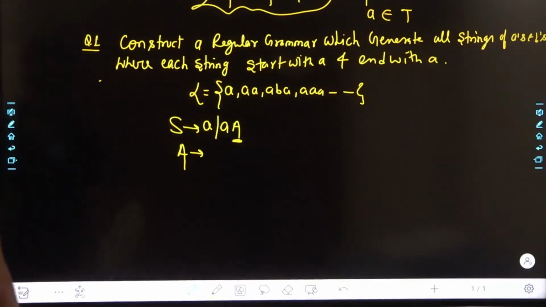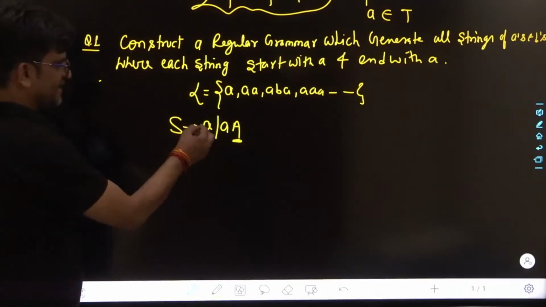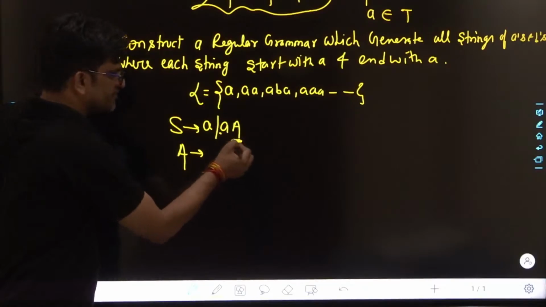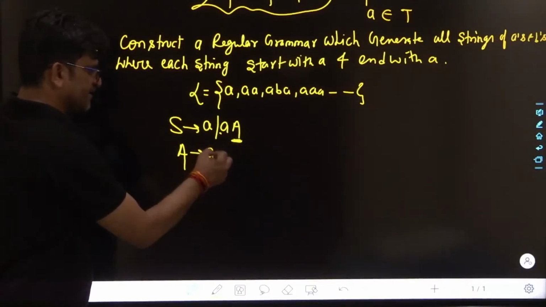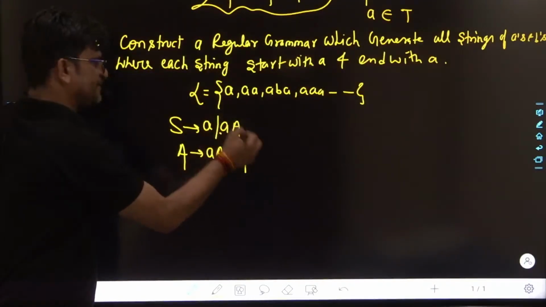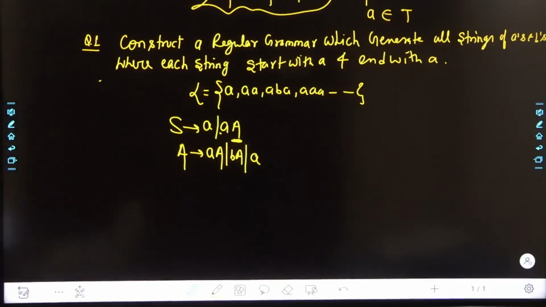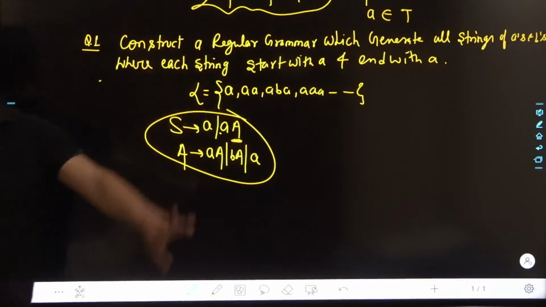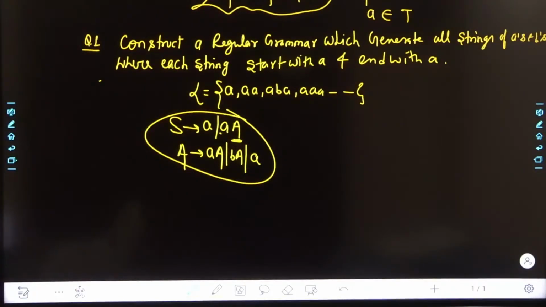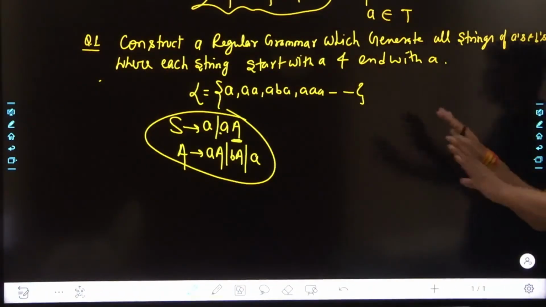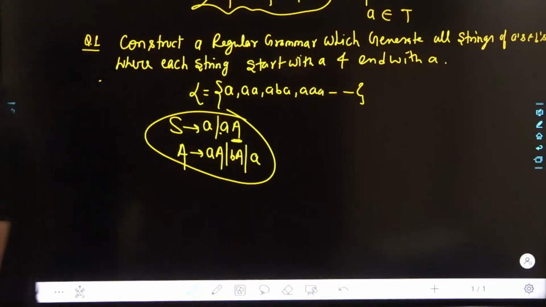Clear? So A determines small a slash small a capital A. How to terminate A? A generates any number of A's and any number of B's. Whenever we terminate A, we terminate it with small a. Are you getting my point?